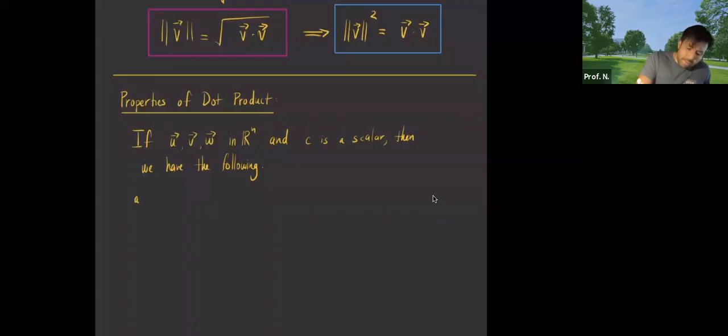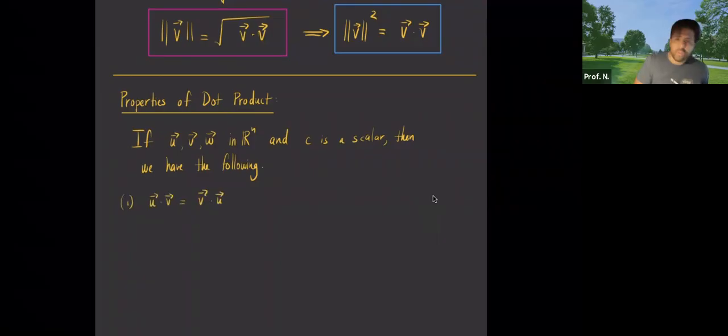We have the property that u dot v will be the same thing as v dot u. You can think of this as a symmetric property, or commutative, right? It's commutative because multiplication is commutative.